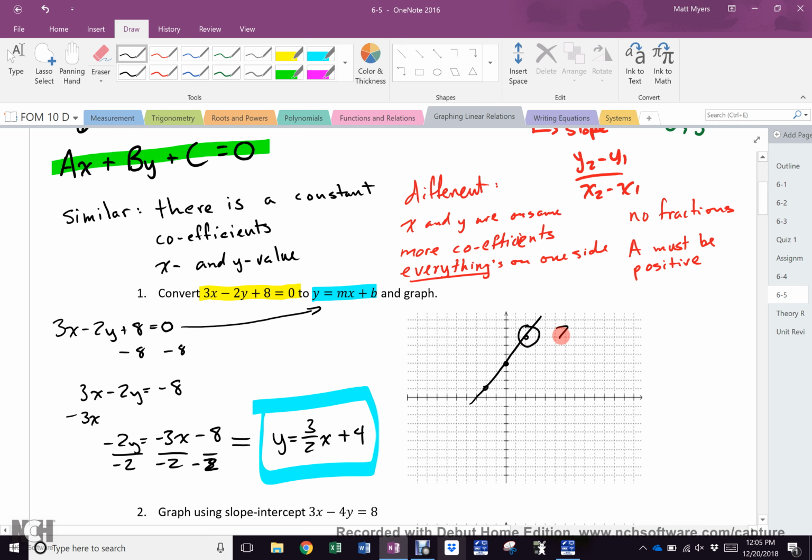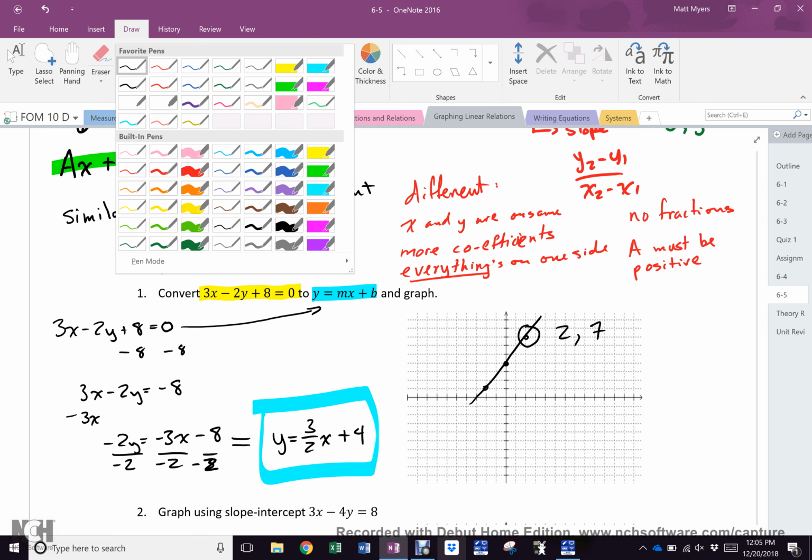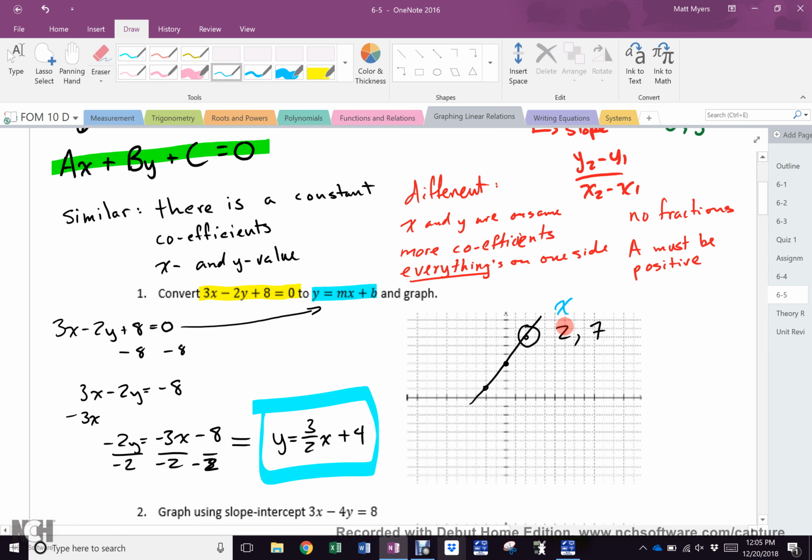Now, what point is that right there? 2, 7. Agreed? What letter does that 2 represent? X. X's go first. What letter does that 7 represent? Y. What do you see right there? X. What is 3 times 2? 6. Minus. What do you see right there? 2 and a y.